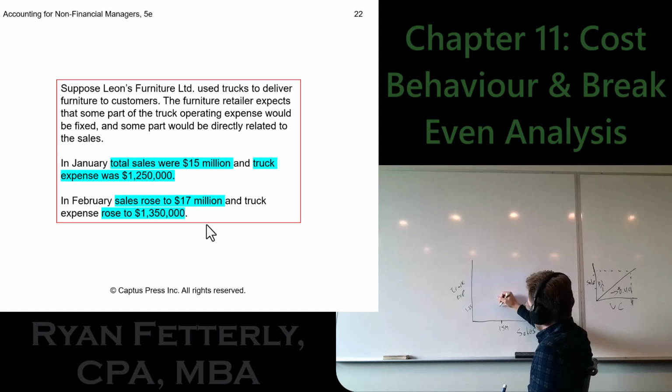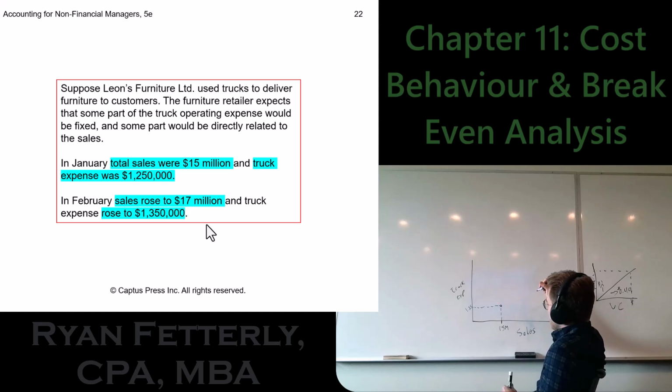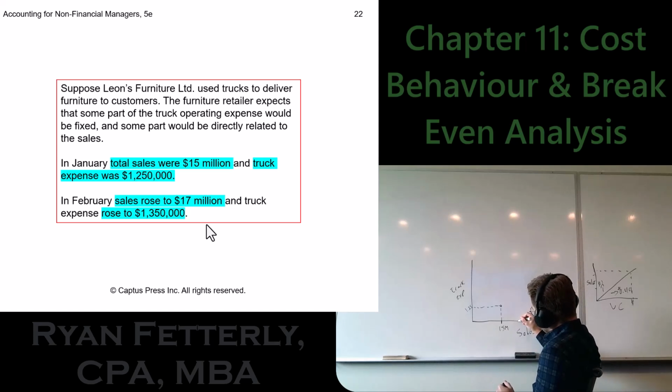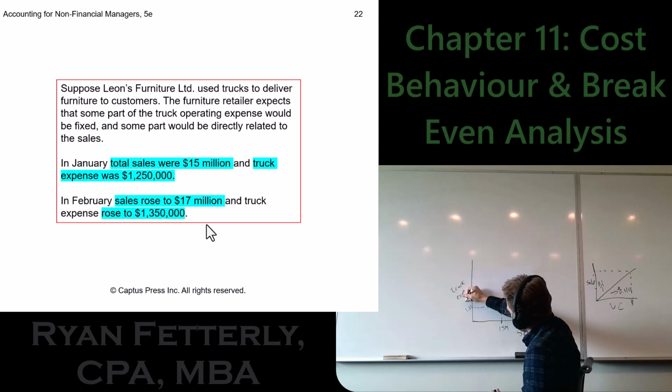Okay. So right here is a data point, okay? And this is our January truck expenses and our January sales. And then I find out that at 17 million in sales, our truck expenses are 1.35 million, okay?